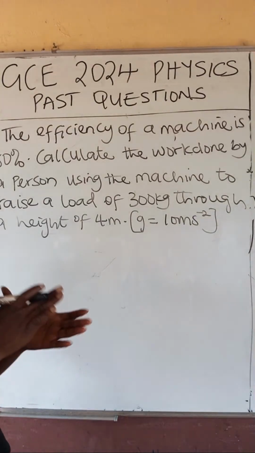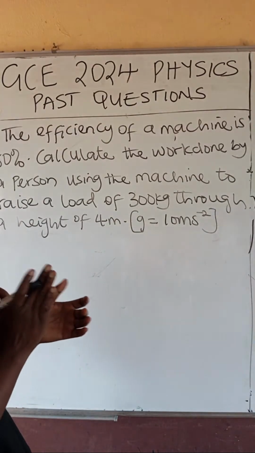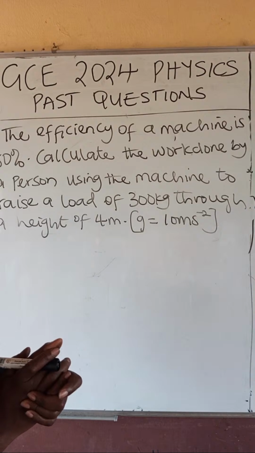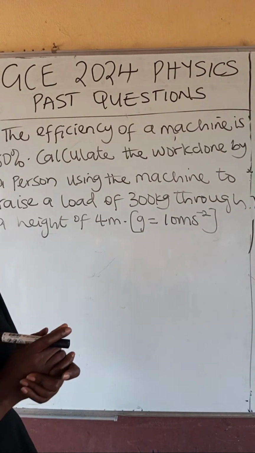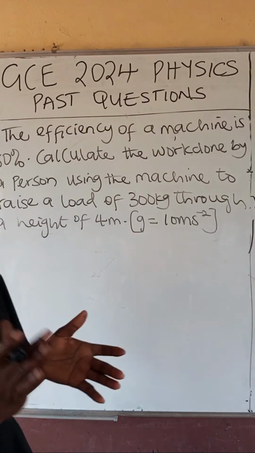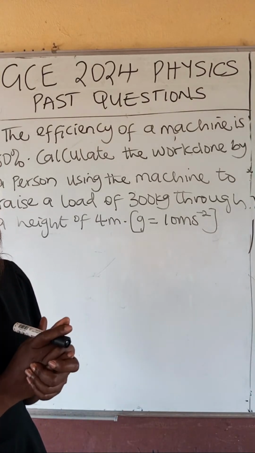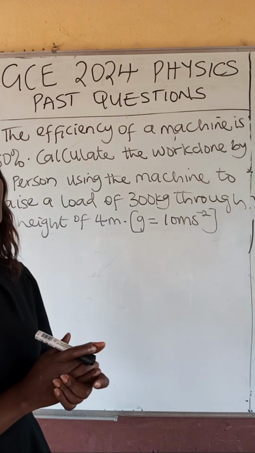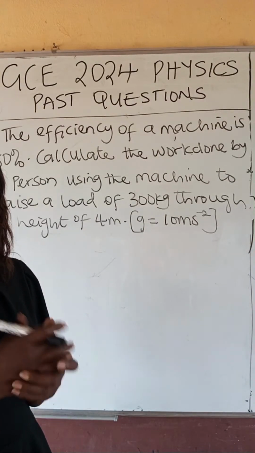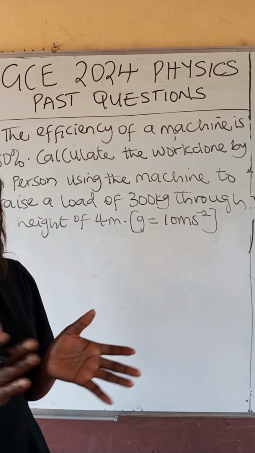Now, this question involves efficiency and work done. Okay, apart from the efficiency of a machine being equal to mechanical advantage divided by velocity ratio, we can still say that the efficiency of a machine is equal to work output over work input.